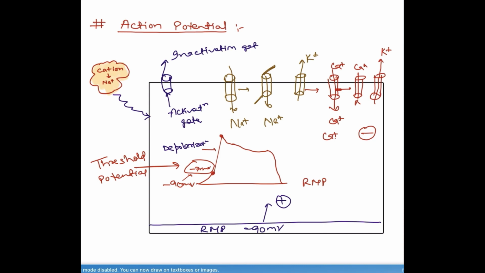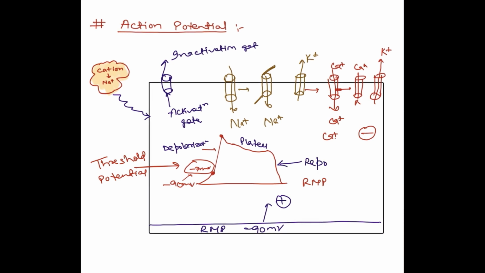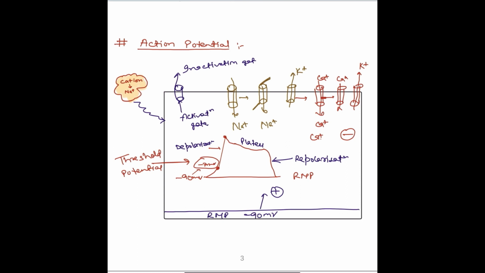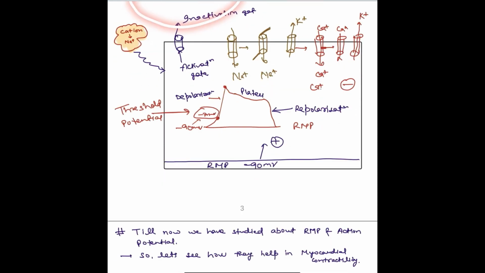This one is the plateau phase. This one is the repolarization, which brings back the resting membrane potential. So till now we have studied the resting membrane potential and the action potential.